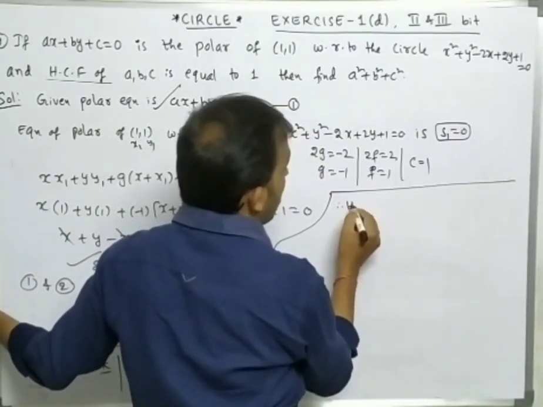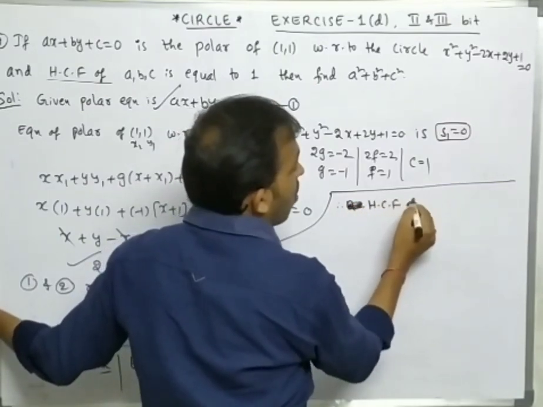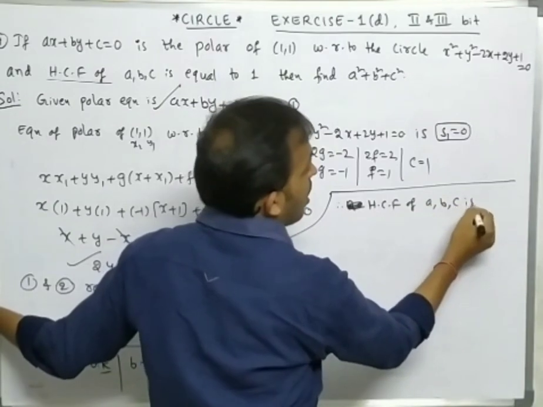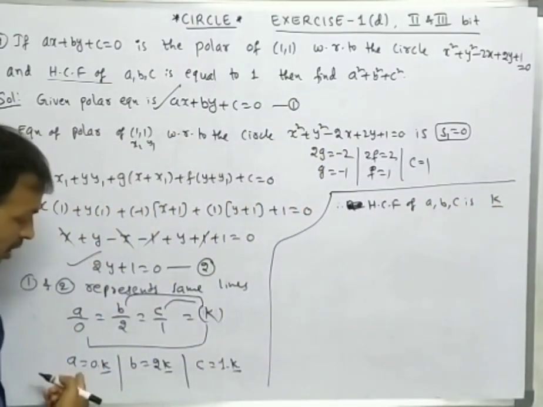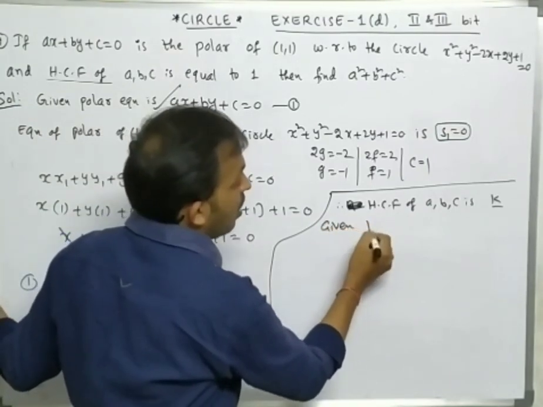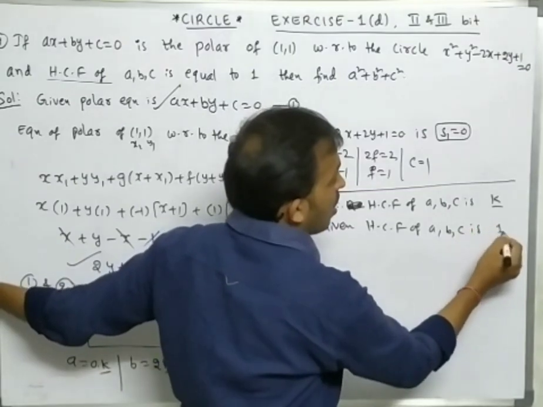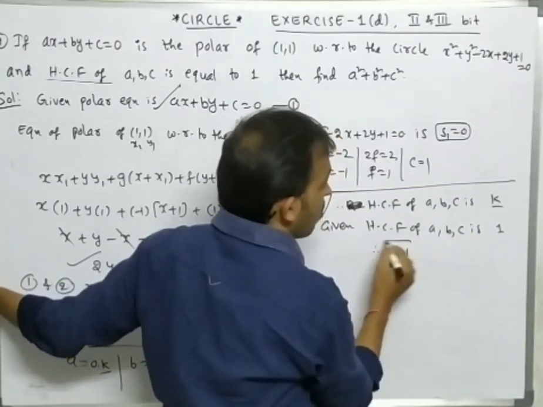So HCF of a, b, c is k here. Therefore, given HCF of a, b, c is 1, so therefore k is equal to 1.